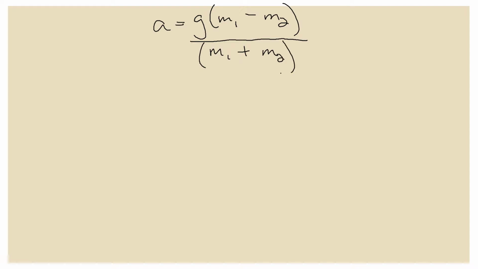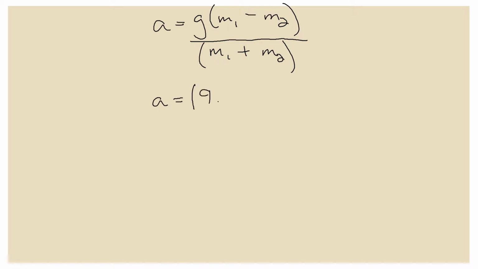So my equation, I'm just going to rewrite that here, was a equals g times (m1 minus m2) over (m1 plus m2). By the way, I wrote that on the other slide separately without the numbers because that's always what the equation is going to look like for an Atwood's machine, at least assuming that m1 is the heavier object. And now I can plug in the numbers.